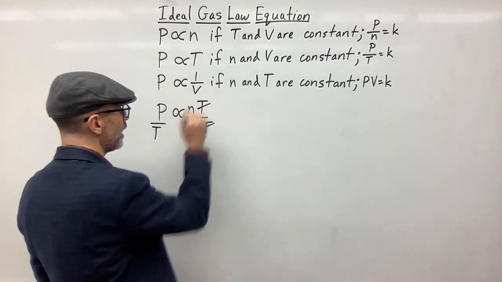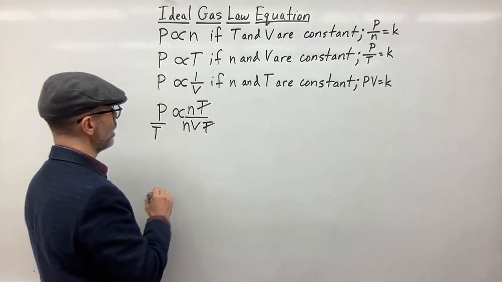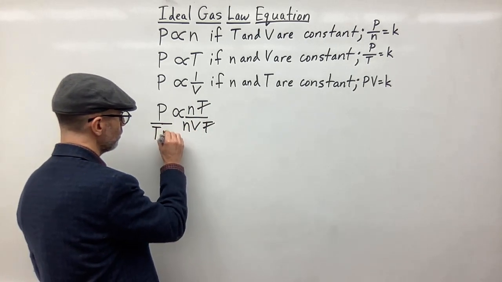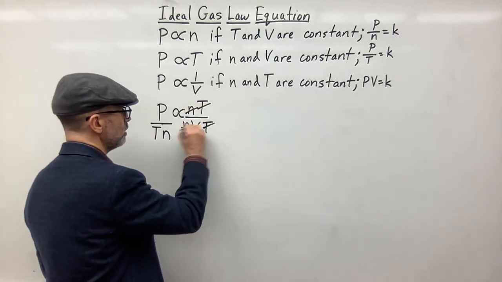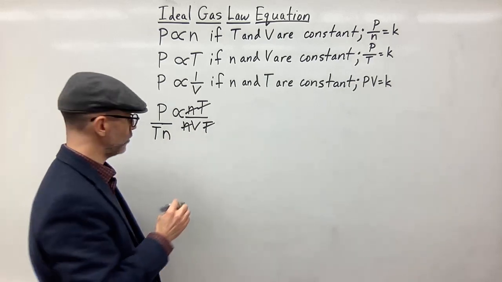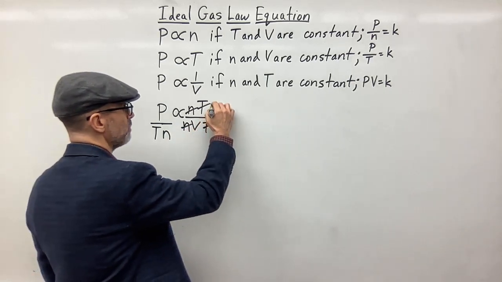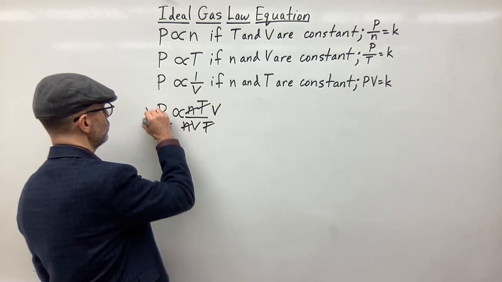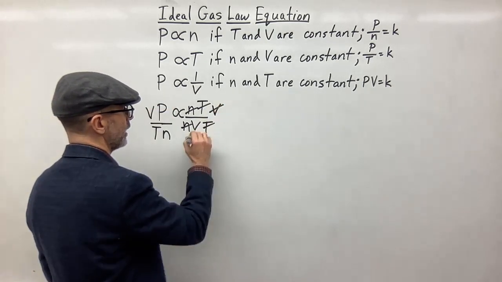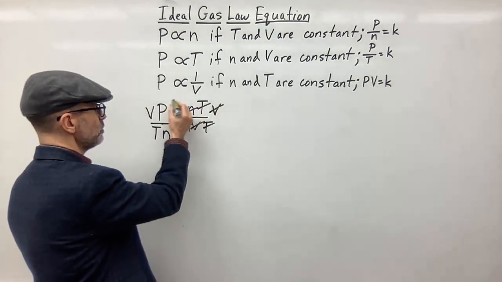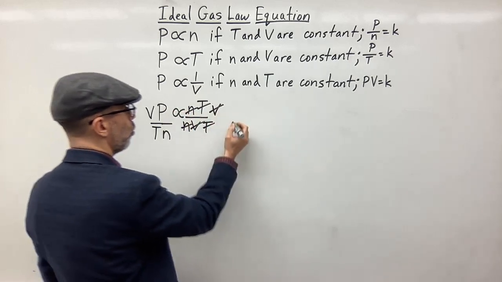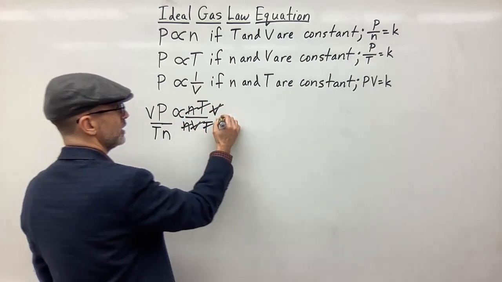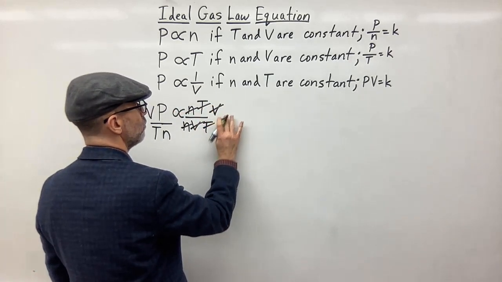Then I divide both sides by the amount of gas, so the amount of gas cancels out. Now I multiply both sides by the volume, and the volume cancels out here. So it's proportional to 1. All of this cancels out.